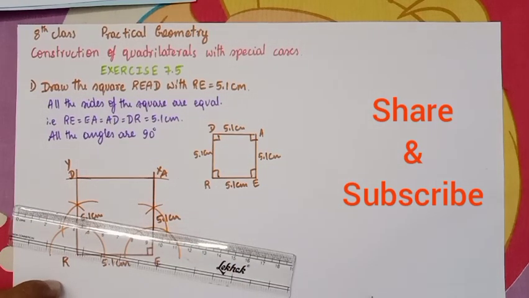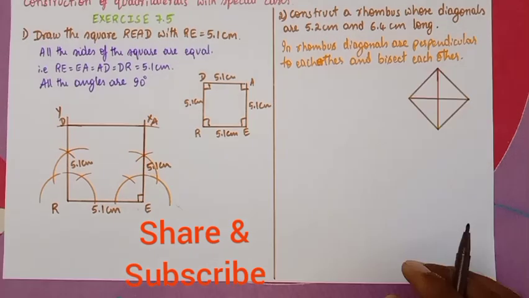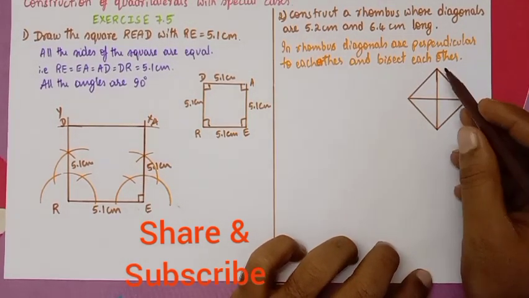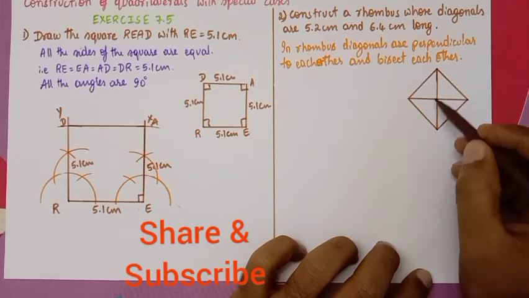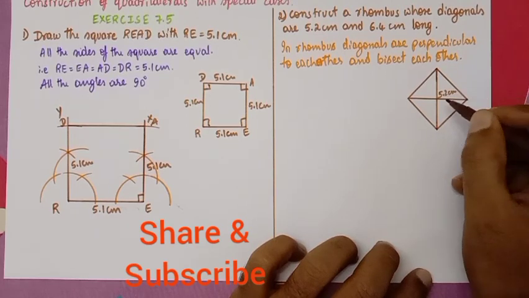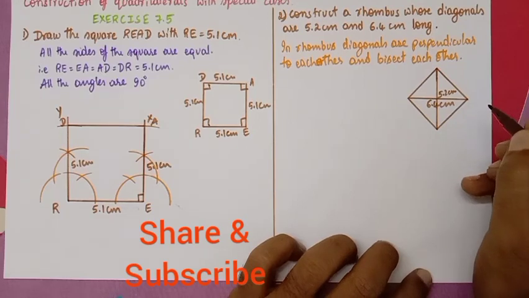Now let us move on to the second construction. Construct a rhombus whose diagonals are 5.2 centimeter and 6.4 centimeter long. Already we know that in a rhombus, diagonals are perpendicular to each other and bisect each other. The rough sketch of the rhombus is now ready, and here let the length of this line be 5.2 centimeter, and let this be 6.4 centimeter.